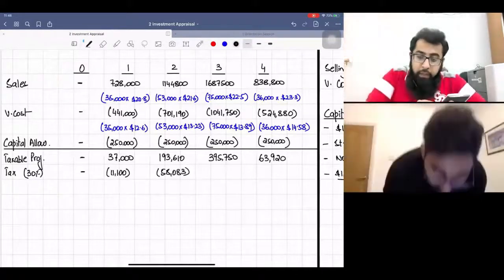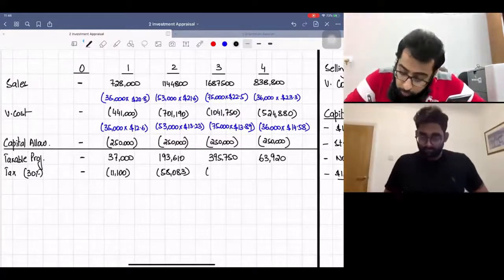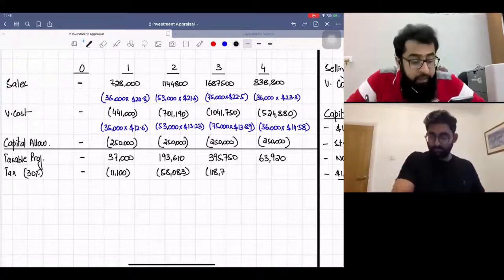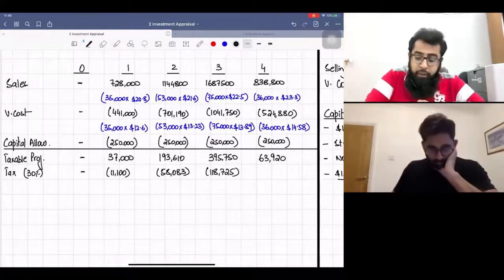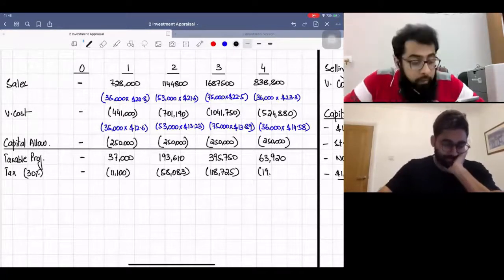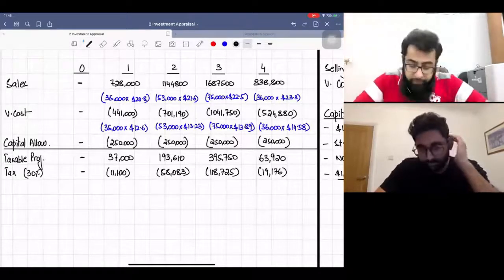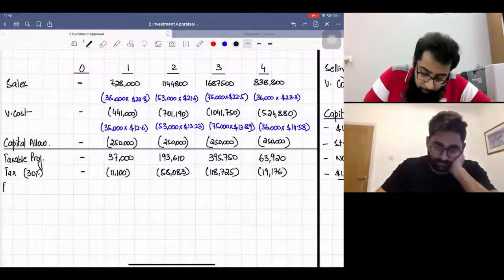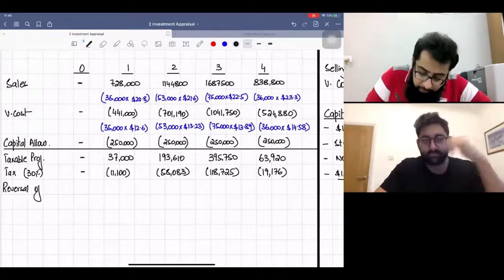Then 395,750 into 0.3 is 118,725, and then 63,920 into 0.3 is 19,176.